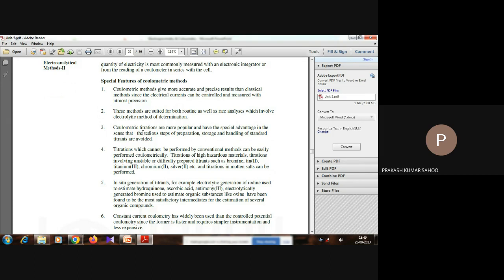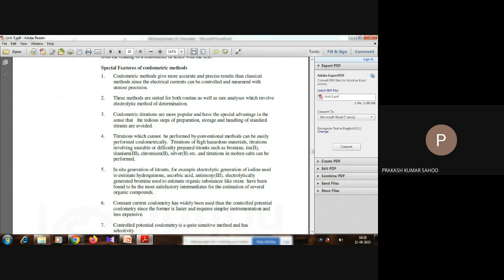Coulometric titrations are more popular and have the special advantage that the tedious steps of preparation, storage and handling of standard titrants are avoided. These are very important. In traditional titration, preparation of solution, storage of solution and handling are very important. These steps can be avoided in coulometry.